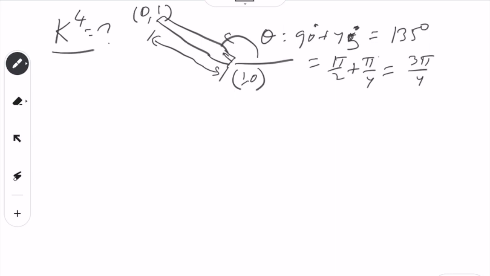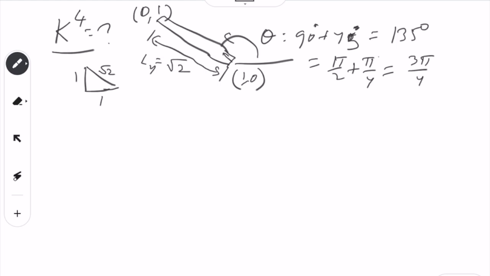Okay. So basically this will be root 2 only. Let's write L4 equal to root 2, because it is 1 here, so this will be root 2. Okay, so we can directly write it.